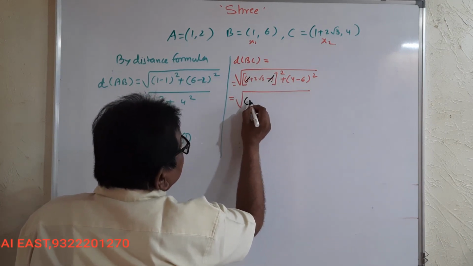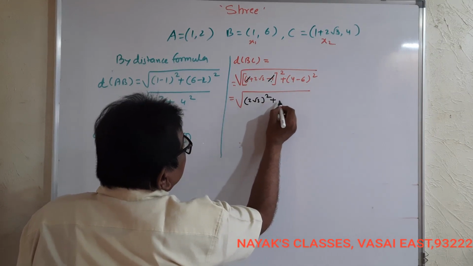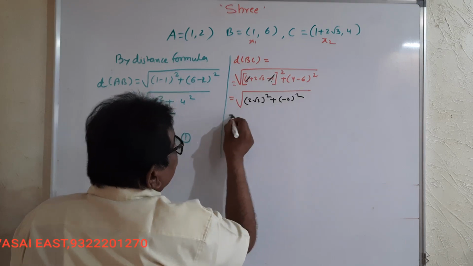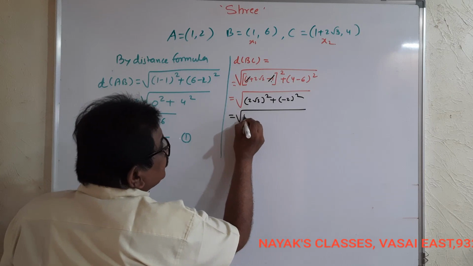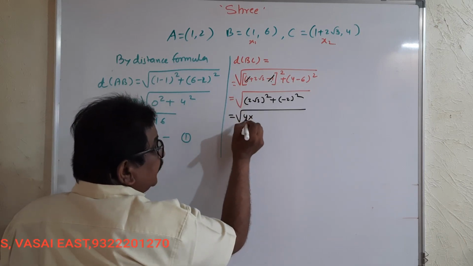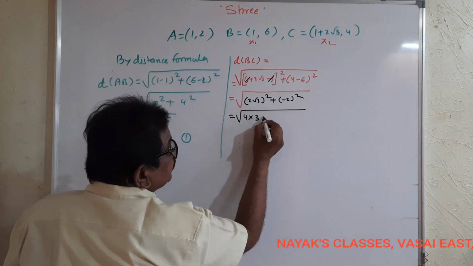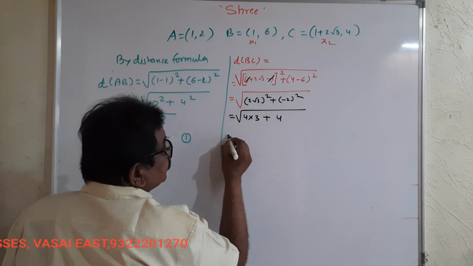So under root (2 root 3) the whole square plus (2 minus 2) the whole square, which is 4 into 3 plus 4.